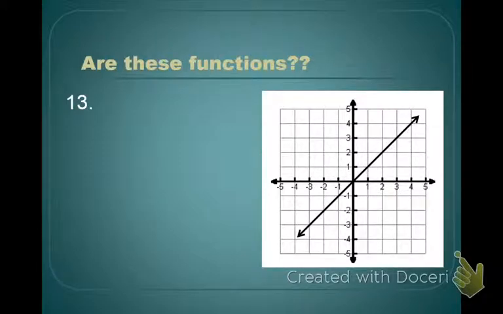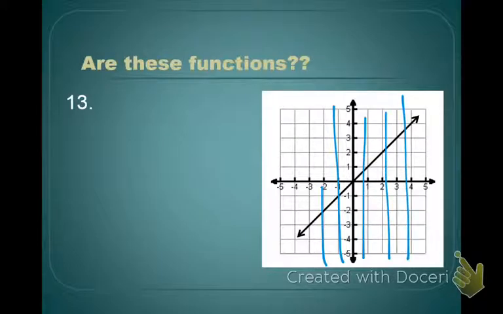If we draw a bunch of vertical lines, how many times are those vertical lines hitting the graph? No, each one. Each vertical line, how many times are they hitting the graph? Once, right? And so what we're doing is that for each input, remember your inputs are your x's.